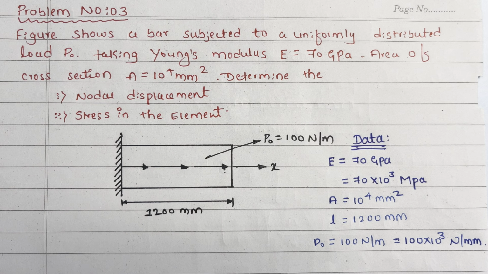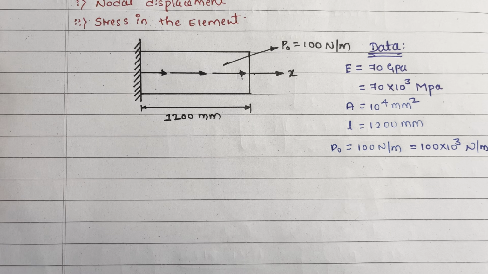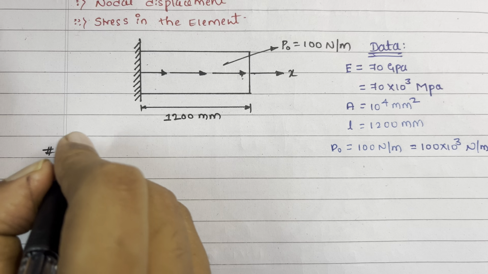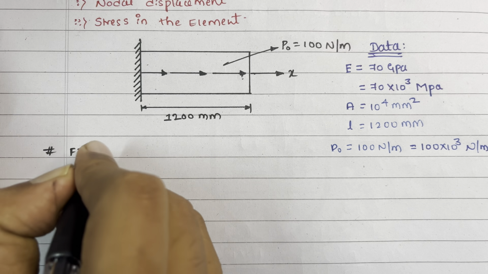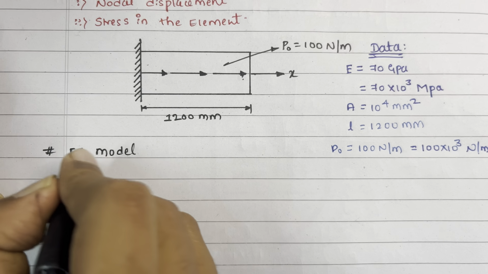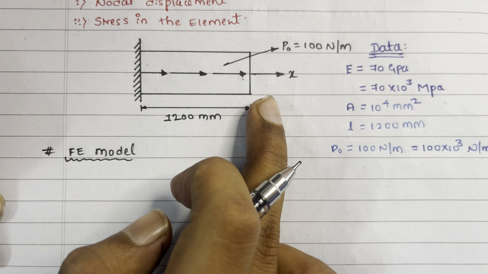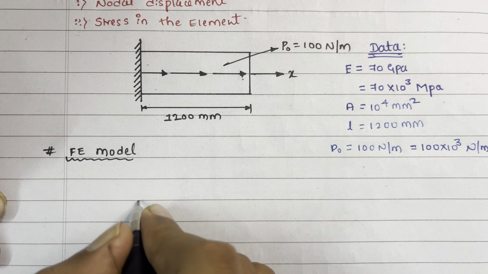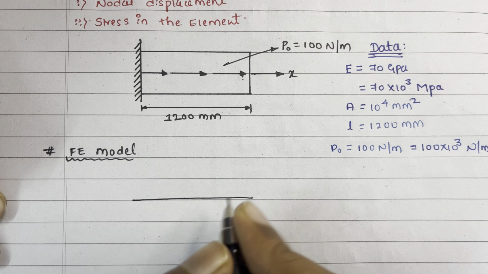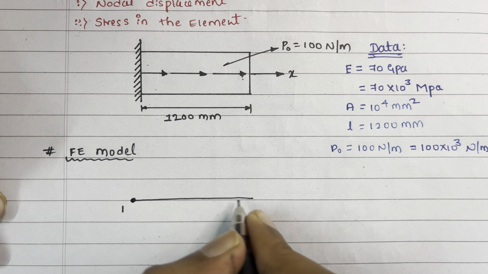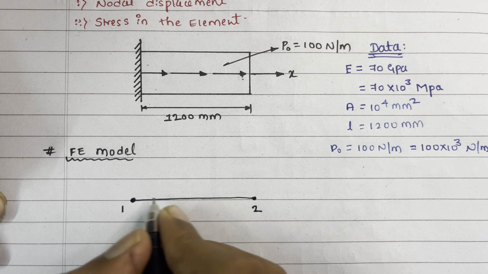So first we have to create the finite element model, that is the FE model. As here we have the uniformly distributed load, I will consider it as a single element. This is the x direction, so I will take this as point number 1, that is node 1, and this is node 2.